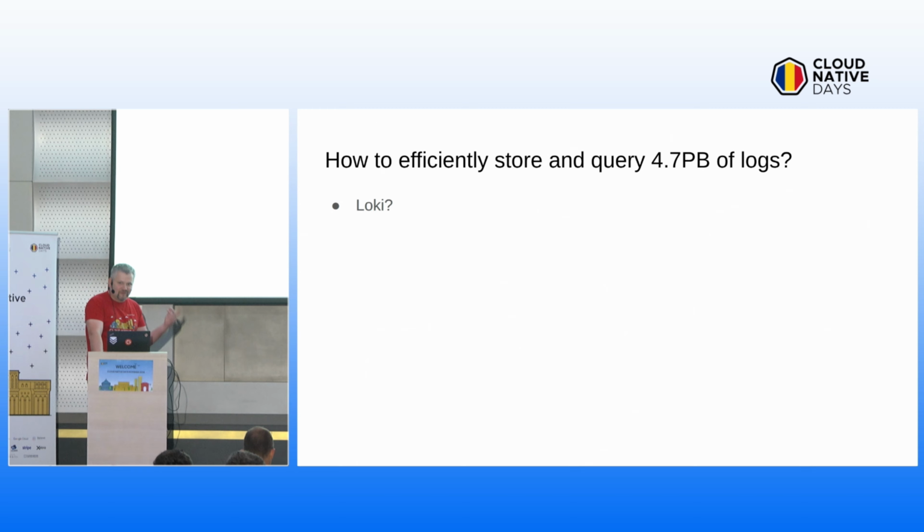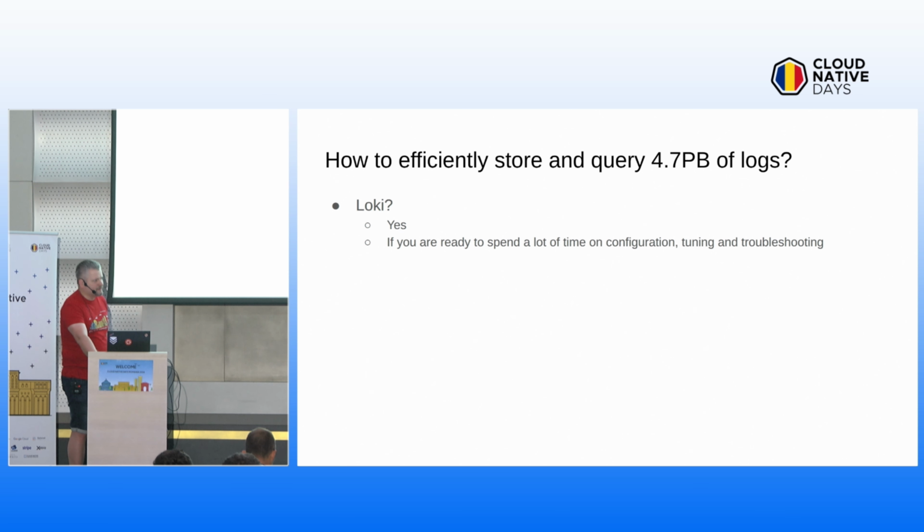How about Grafana Loki? Yeah, it works, but the downside of Grafana Loki is that it is too complicated for configuration, for running, for troubleshooting. Why? Because it contains many components.